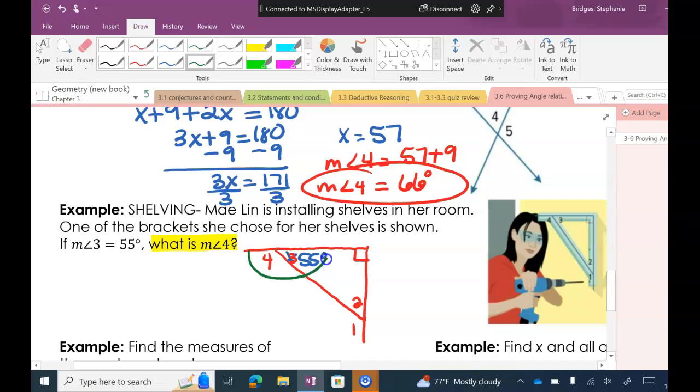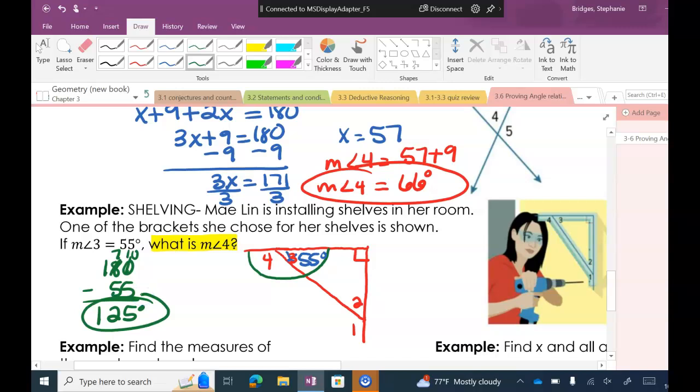Remember, they make a straight line right here. And that means together they're going to be how much? 180. So to find angle 4, I just do what? Subtract 55 from 180. We get 125 degrees.